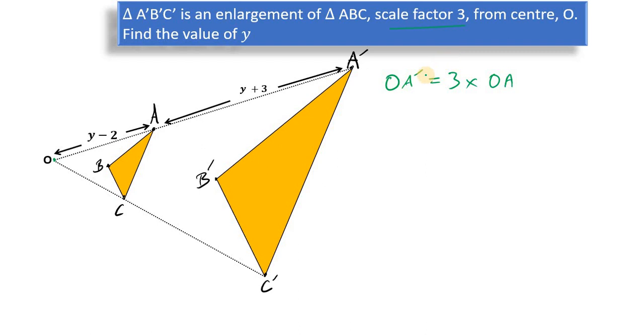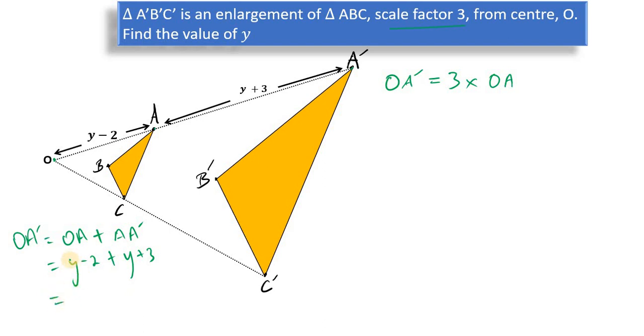vertex. Now how can we get the measurement from O to A prime? From O all the way down to A prime is a combination of what? O to A prime is the distance O to A, first off, plus from A to A prime. You can clearly see that. From O to A is y minus 2, added to A to A prime, which is y plus 3.